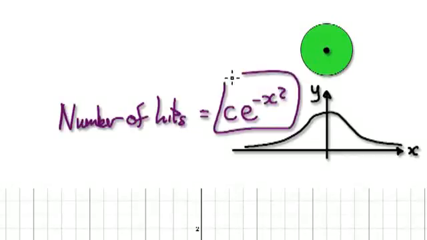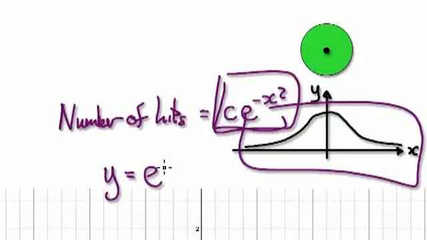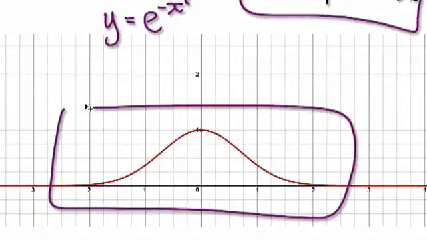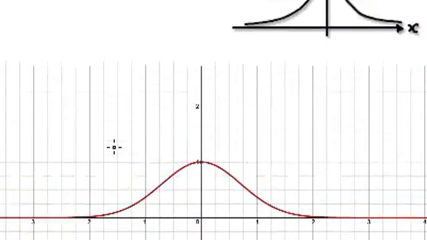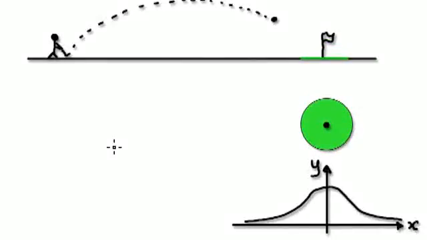We would use this to model this. So if you get a graph plotter and plot y equals e to the power of minus x squared, you would get this shape, this graph here. So we would use this to calculate, well, I will explain in the next video.